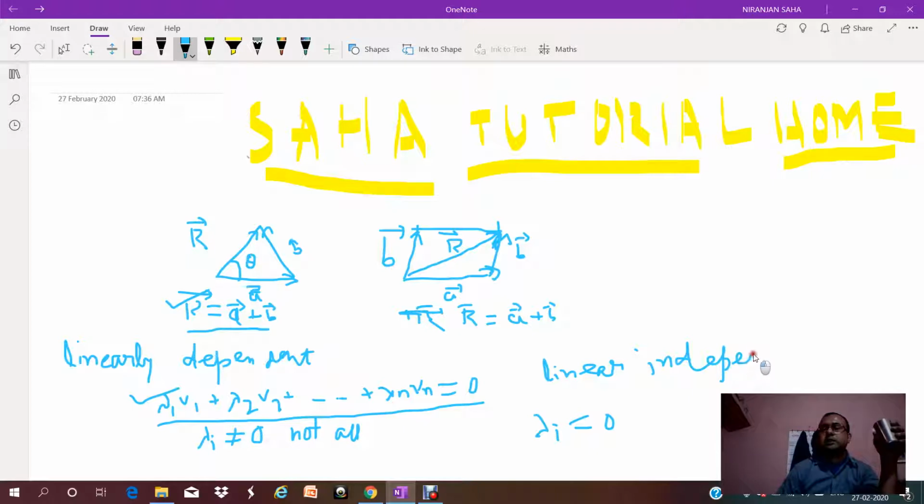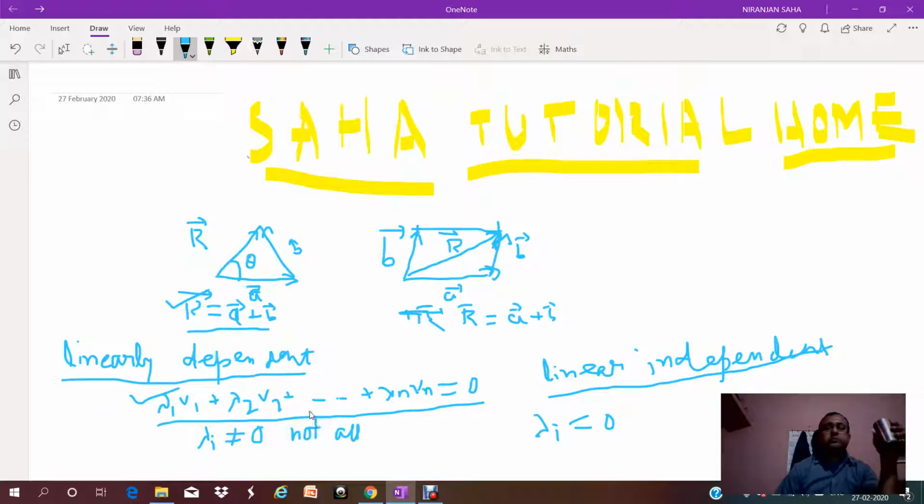So it is clear, I think: the vectors do not depend on each other, they are linearly independent. And if the vectors are dependent through an equation, then they are linearly dependent.